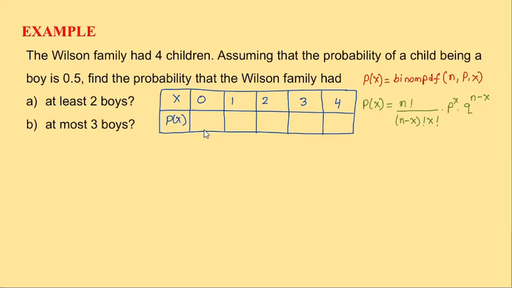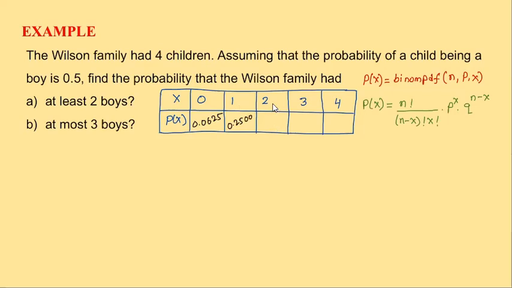So the values will be: when x equals 0, the probability is 0.0625. The probability when x equals 1, or having 1 boy in the family, is 0.2500.